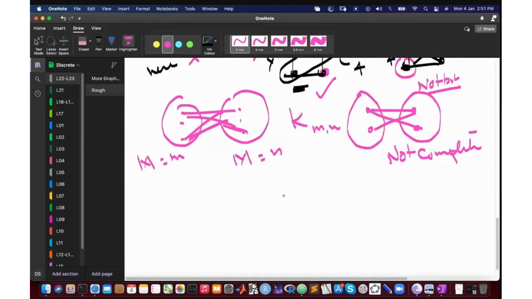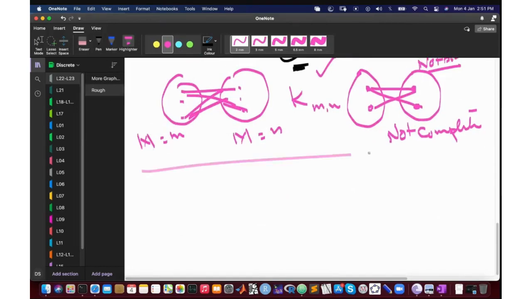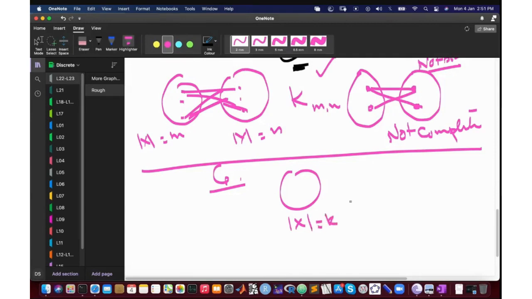Yeah. So the thing is, let's say you have a graph which contains the maximum number of edges. One set X has size, let's say, k, and then you have a set Y of size n minus k. I'm just telling you how to approach this problem in general.